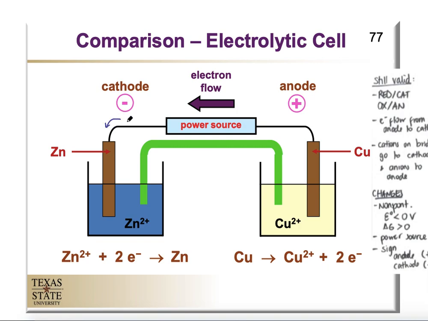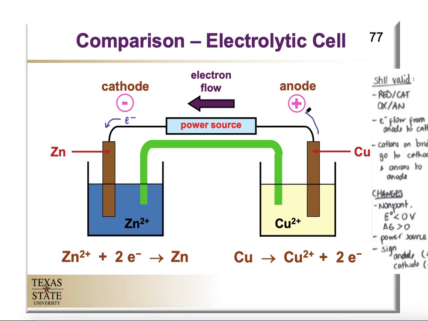So now the electrons are coming this way. And so now the zinc, instead of being oxidized, there's going to be a reduction taking place here. The zinc ions are going to combine with those electrons that are coming here and form zinc solid. So notice that the opposite process is happening to what we had in the previous slide.